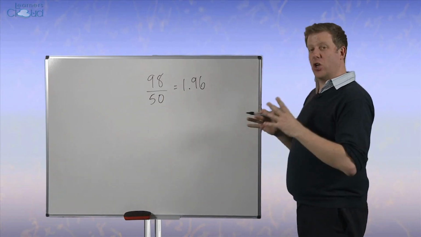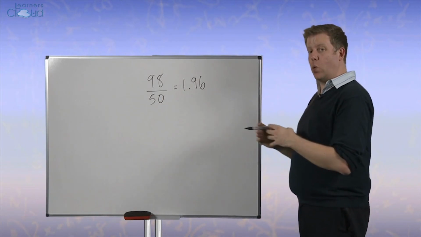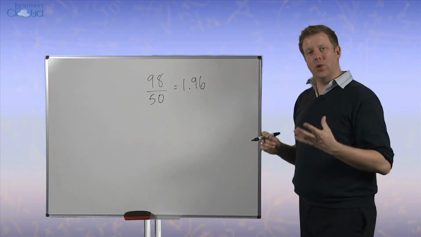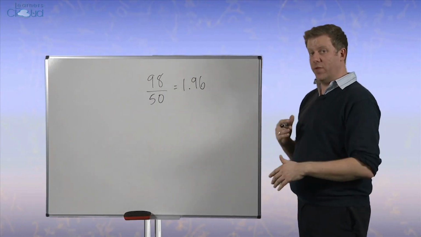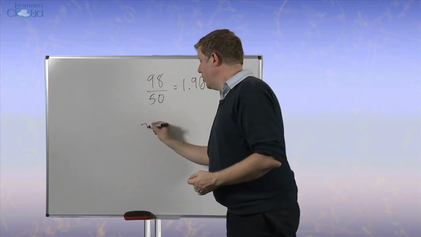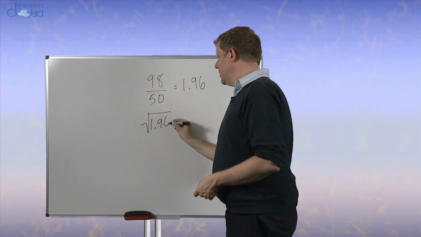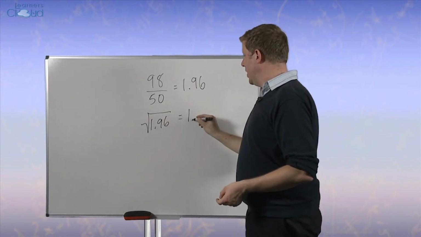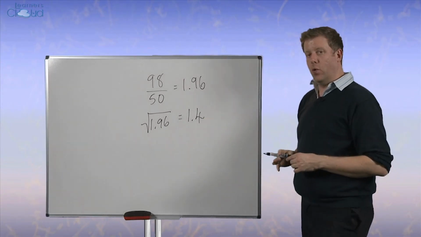That is this constant that we multiply by squared. So if I want to know what that constant is, I need to do the reverse to it, which is the square root of 1.96, which gives me an answer of 1.4.